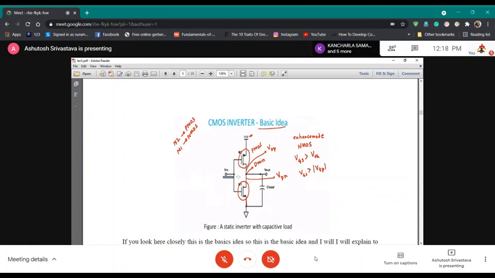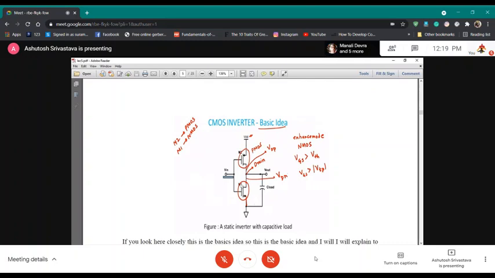Now when you switch the input voltage to the gates of transistors M2 and M1, where M2 is a PMOS and M1 is an NMOS, if you give a value 1, which is high value, to the gate, then your PMOS transistor stops conducting while your NMOS transistor is in the conducting state.